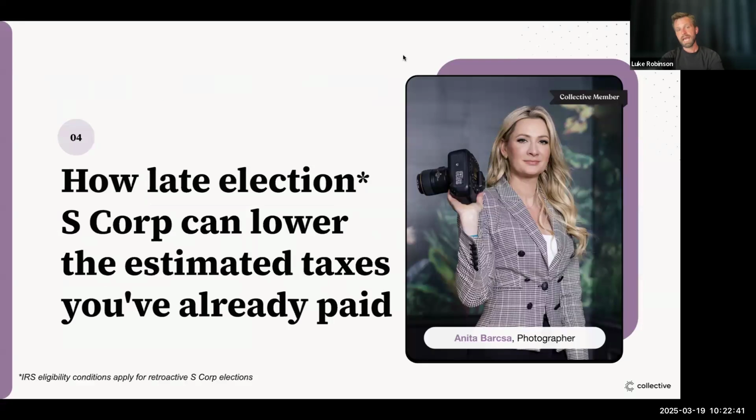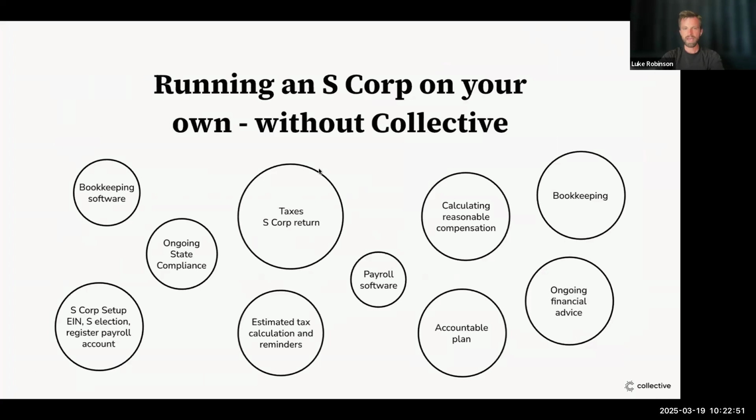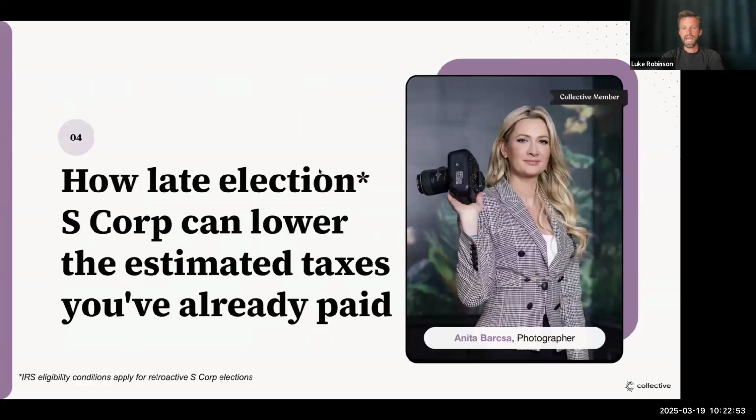Okay. How can a late election lower taxes you've already paid? Potentially. Maybe back up. What happens is, let's say that you have already made a quarterly payment. Let's say that you've already paid taxes. You've estimated your taxes for this year, and you're like, okay, I'm going to go ahead and pay money to the government.